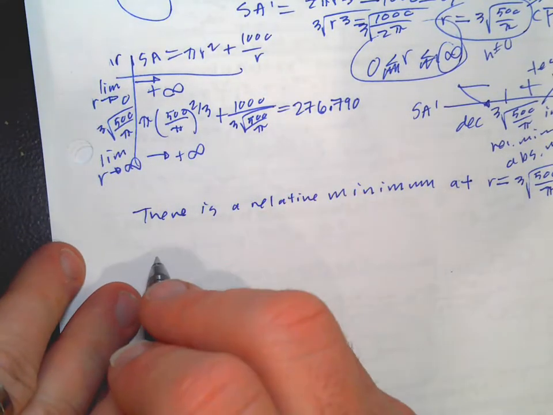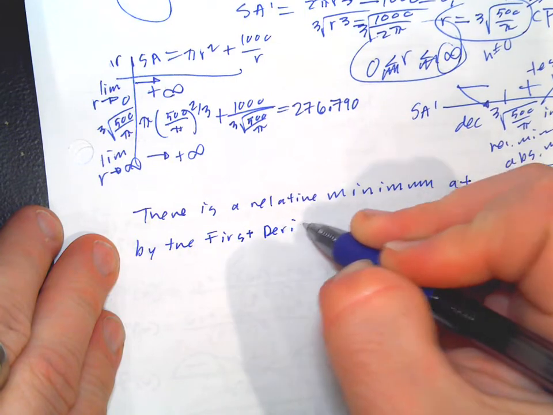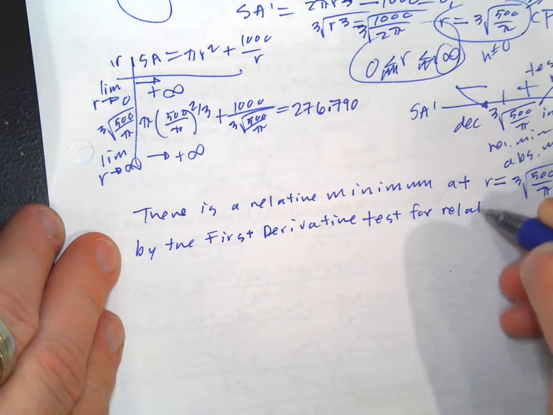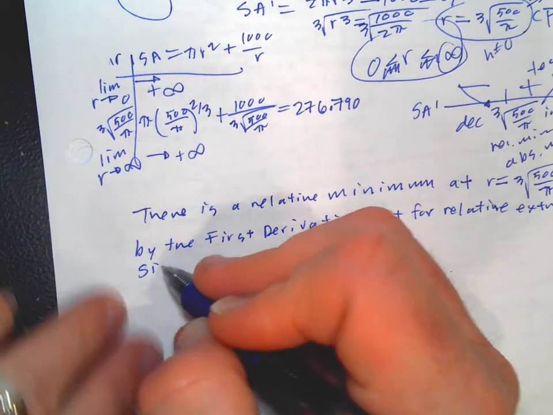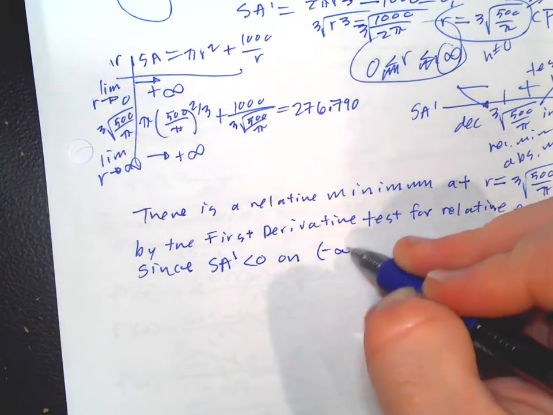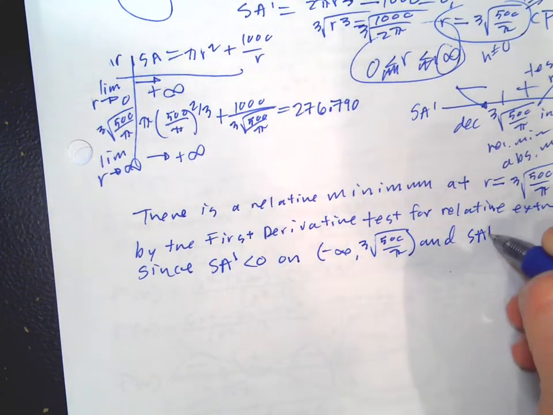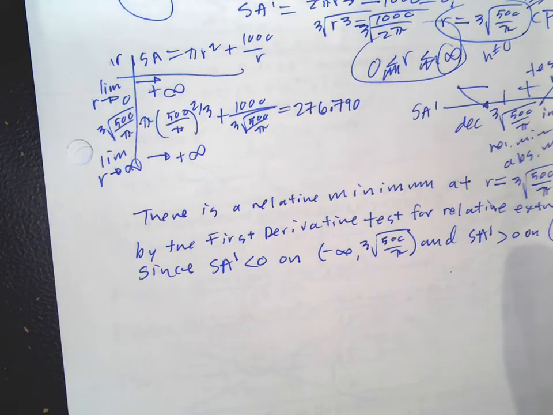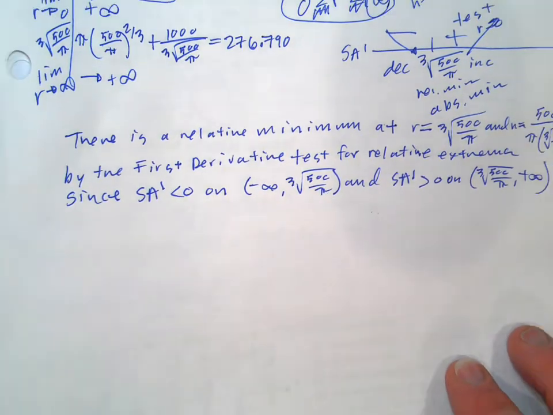Okay. By the first derivative test for relative extrema, since SA prime was negative on the interval negative infinity to cube root of 500 over pi, and SA prime was positive on the interval cube root of 500 over pi to positive infinity, that justifies the relative minimum.